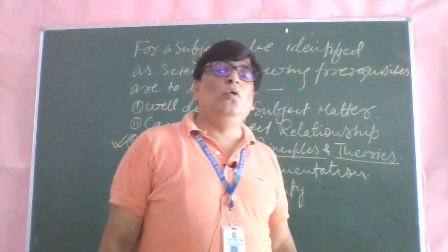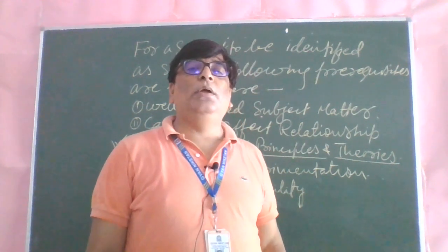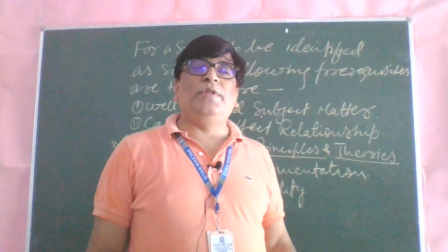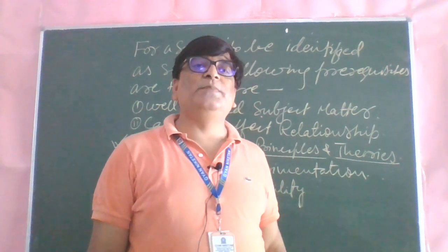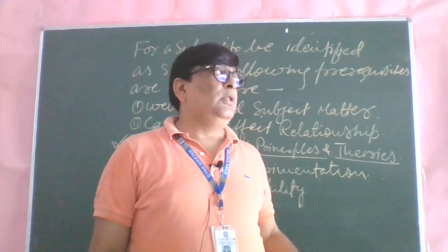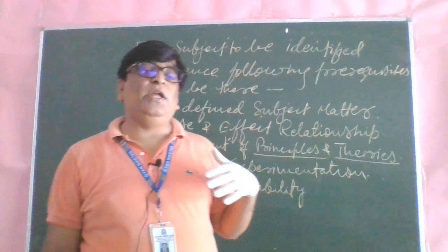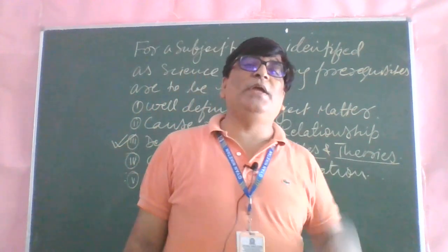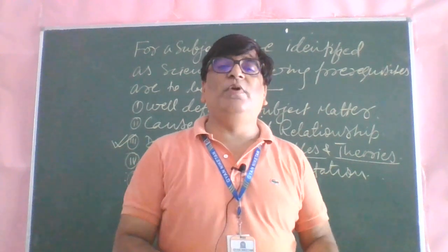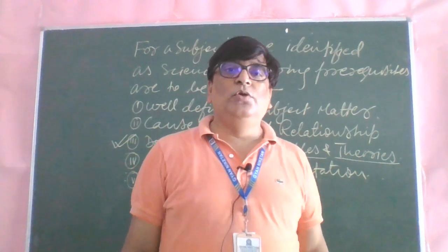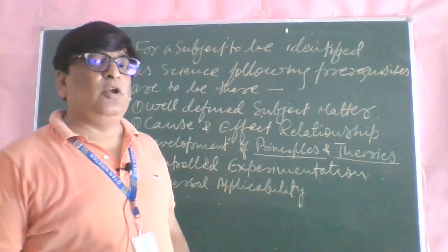A particular law which is applicable in our country may not be applicable in America. There may be variation in certain theories and principles: what you apply for removal of poverty in India may not be applicable in the USA because of the variation in the nature of poverty at both places. So from this parameter also, we cannot say that economics is science.